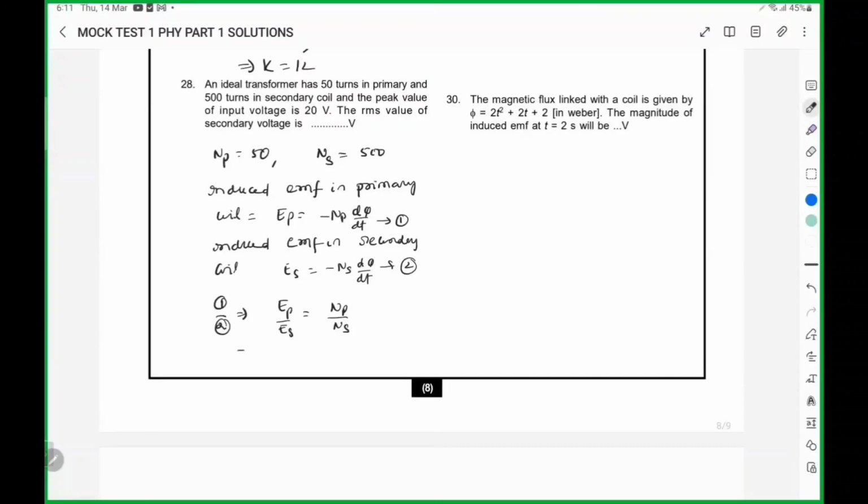So here EP is the input voltage, right, by the output. Primary 50 turns, which is 200 volts.